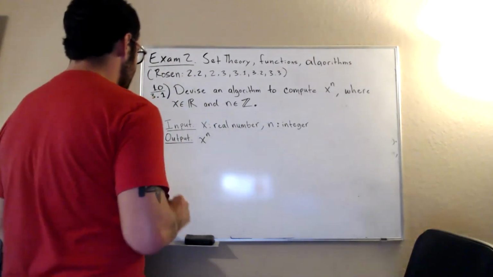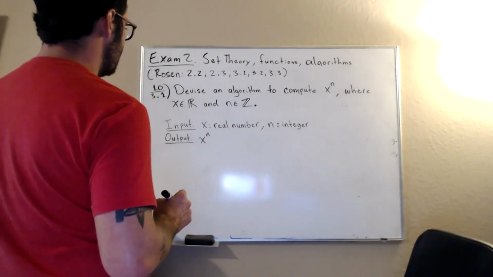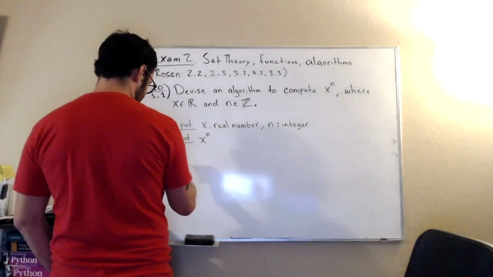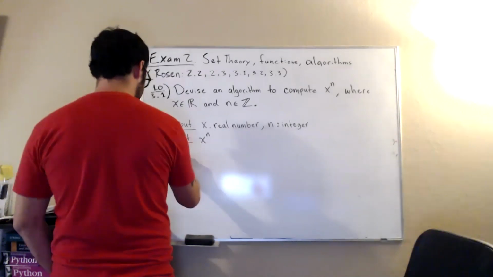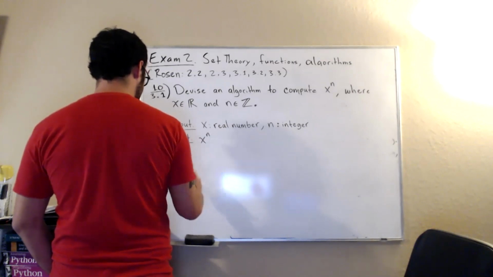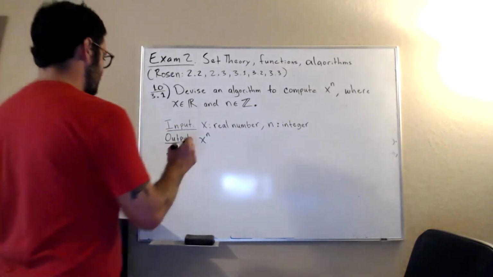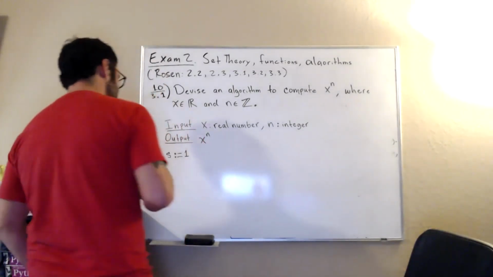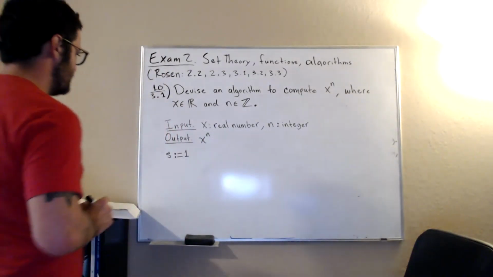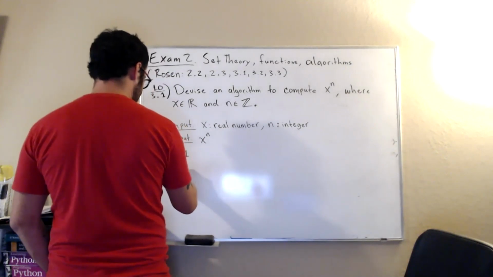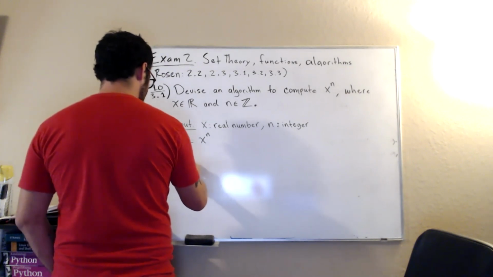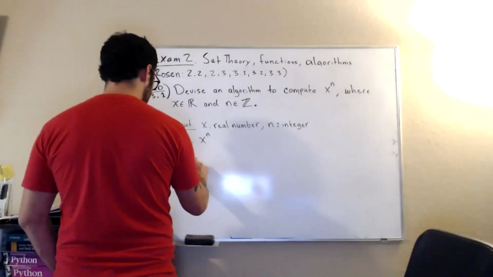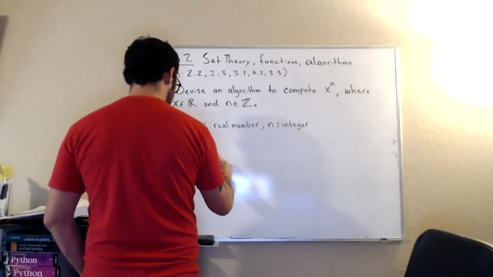So what we can say is, maybe s equals 1, and maybe a for loop: i equals 1 to n.